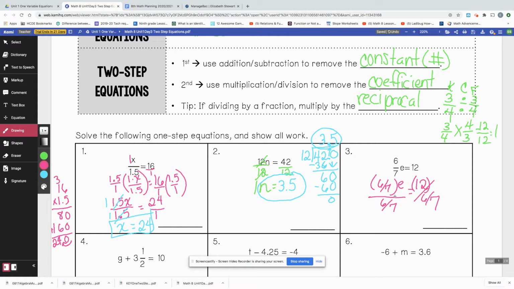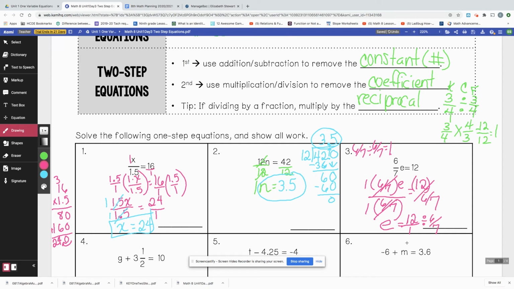Well, any number, fraction, whole number, decimal, divided by itself, 6/7 divided by 6/7 is equal to 1. So that simplifies out to 1. So I have 1 times e divided by 1, which is e.